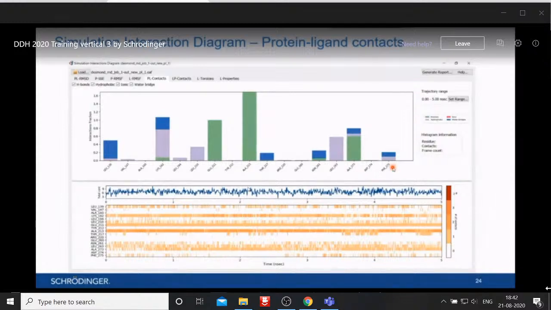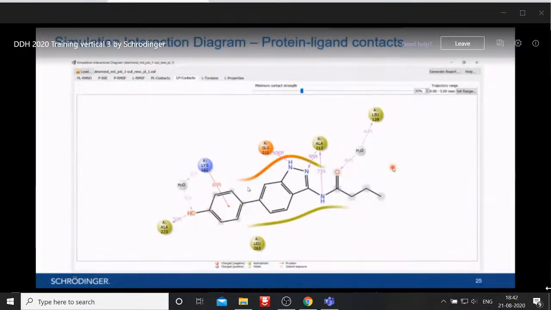So these things you can analyze from these protein ligand contact graphs, and you can write down about your interactions, how they look, how much time they are there, and which are the critical interactions present between protein and ligand. Other than that, in the whole summary, you will have the numerical value for all those interactions in percentage. So for example, this is the 2D interaction diagram of the ligand molecule. It resembles the 2D ligand interaction which you have seen in molecular docking analysis on the first day.